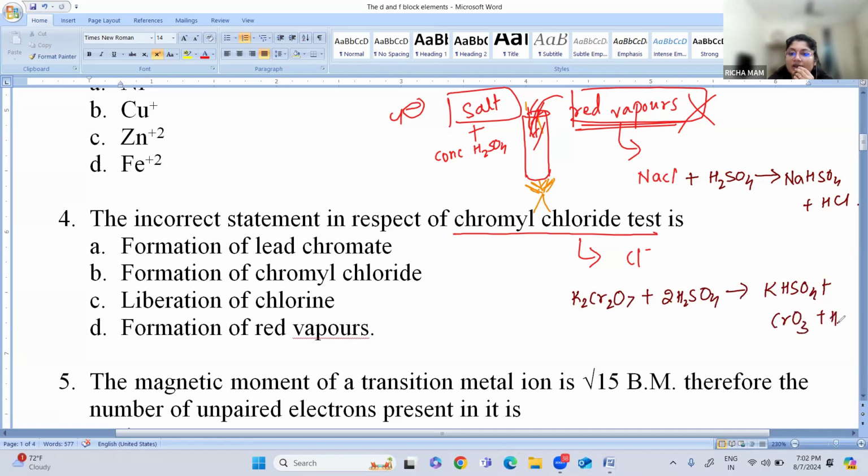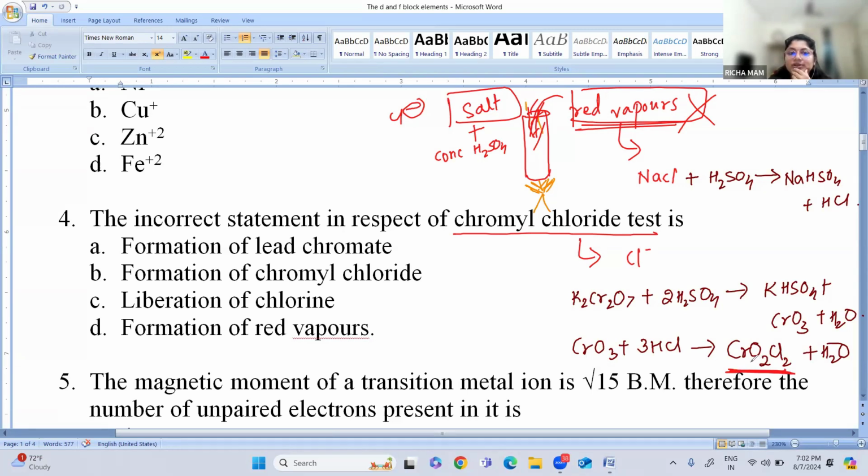This chromic oxide reacts with the HCl. All the reactions are happening inside the test tube, and it will form chromyl chloride. This chromyl chloride is nothing but the gas vapors. So this is the chromyl chloride test.